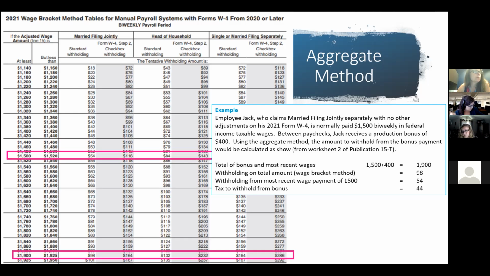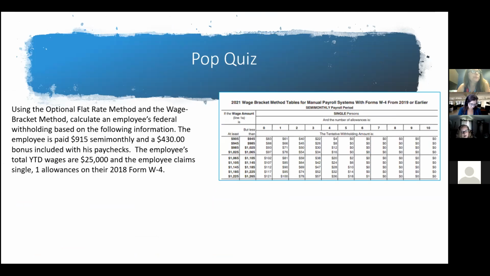So we're going to take the difference between those, 98 minus 54, and we're going to withhold 44 from the bonus because the 54 was already withheld from the 1,500. So again, not terrible, just make sure that you're following the steps. You're just going to take what the combined amount would have been, subtract out what was already withheld, and take the difference. That's the aggregate method.